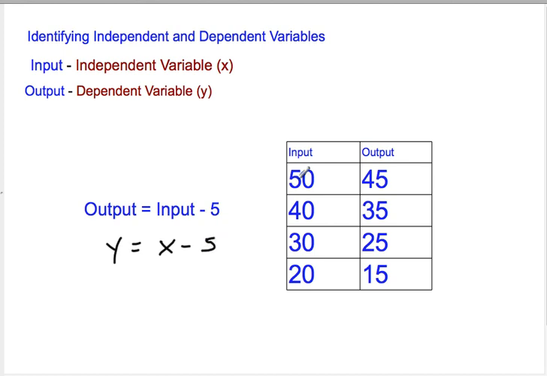And rather than putting input here, it would be x. And instead of output, we would write y. The output is called the dependent variable because it depends on what you put in.